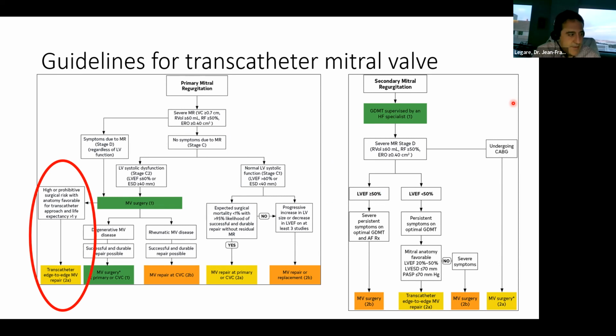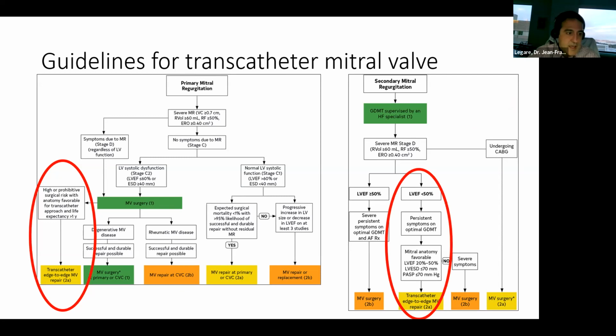So very similar to TAVI, transcatheter edge to edge is a 2A recommendation for that group. In the secondary mitral insufficiency, this is really the types of patients that we see or tend to evaluate. But having said that, we tend to see them quite late in their process, that often we reach a point where their ventricles are very large, have severe tricuspid insufficiency, and often are not candidates because of that.